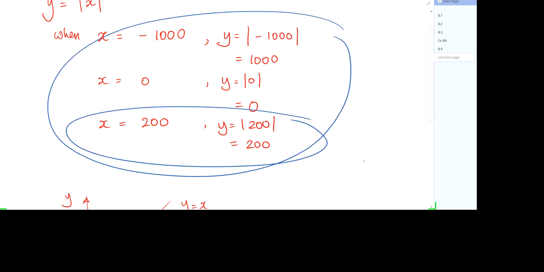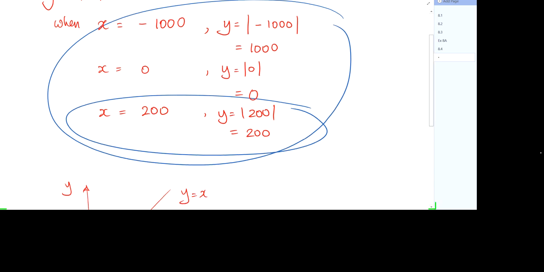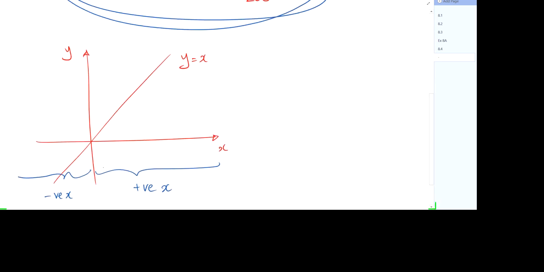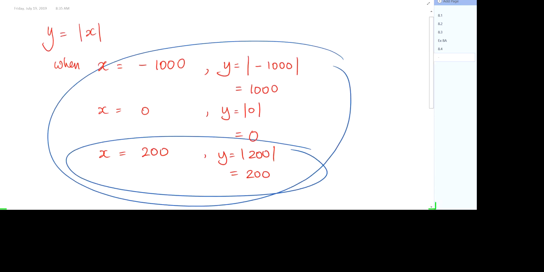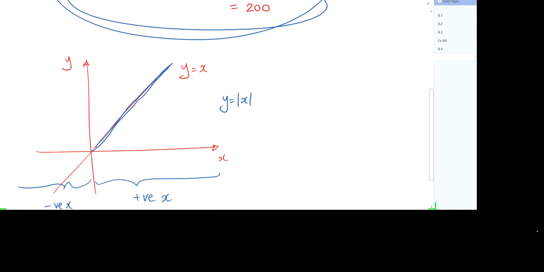Do they stay the same? Stay the same. So for our graph of y equals to x versus y equals to modulus x, the positive region stays the same. No change. But what about the negative region? See, when it is supposed to be -1000, then the y value becomes 1000 instead of -1000. Similarly for all other negative x values.